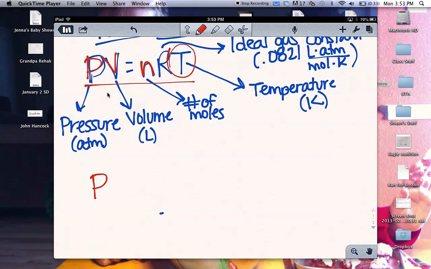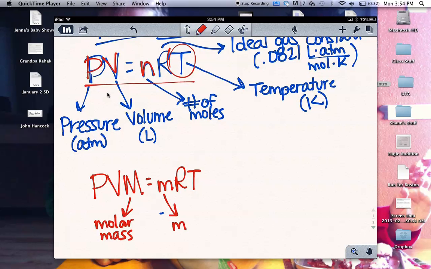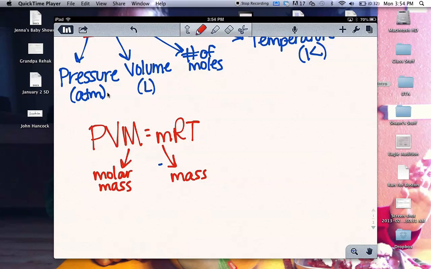And I call this one PVmRT, where the big M is molar mass from the periodic table, and the little m is mass. And the units on this, molar mass, of course, is going to be grams per mole, and then mass, of course, is going to be grams.